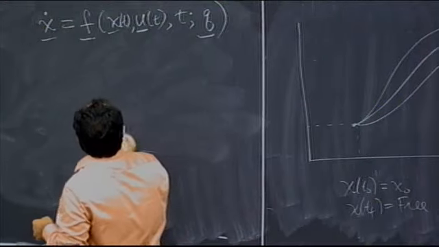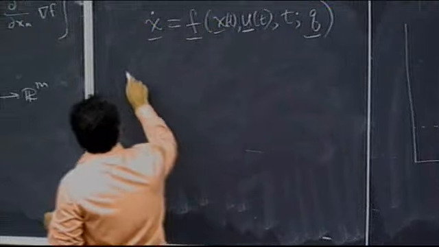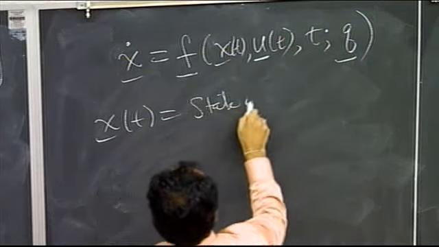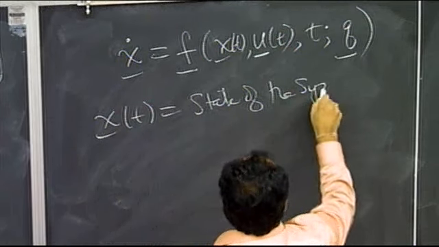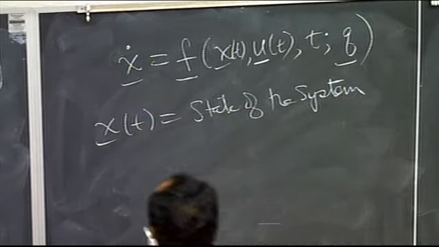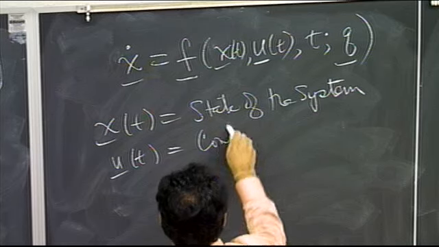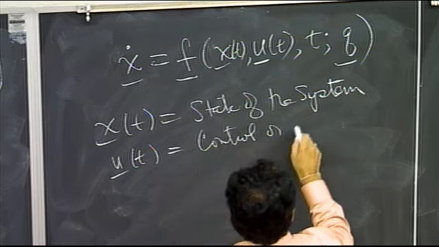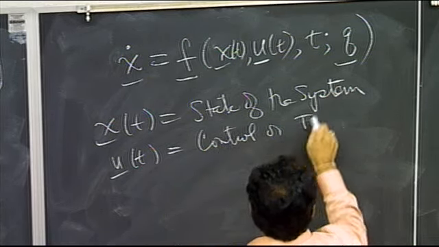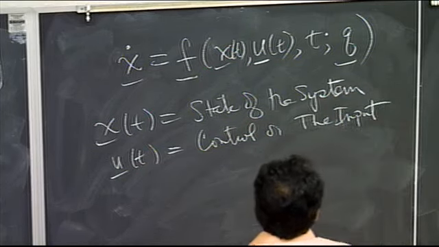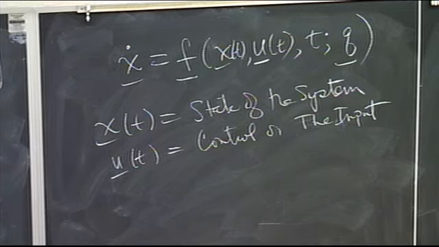Now, when we do this, the quantity x of t is what's called the state of the system. And u of t is what's typically referred to as the control or the input. Okay? Now, the distinction between these two things is that, and then I forgot about q.